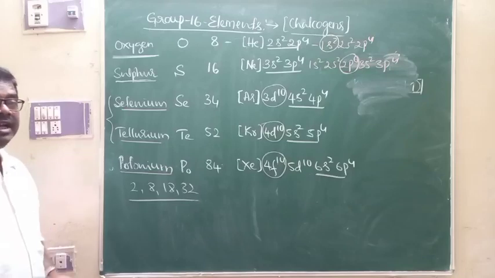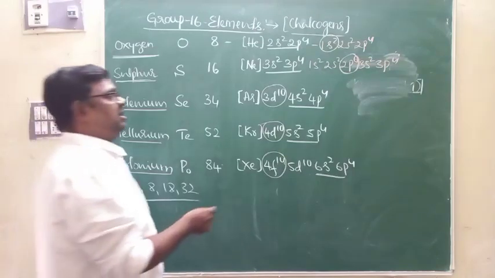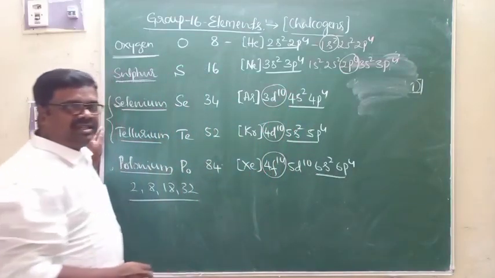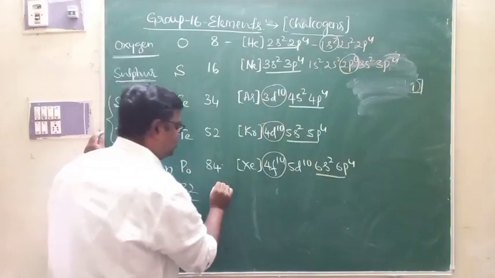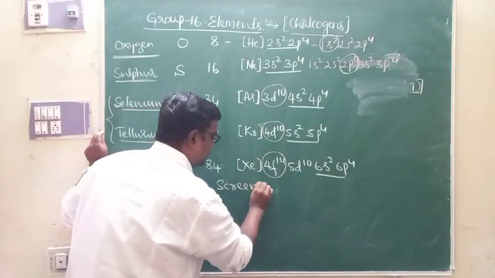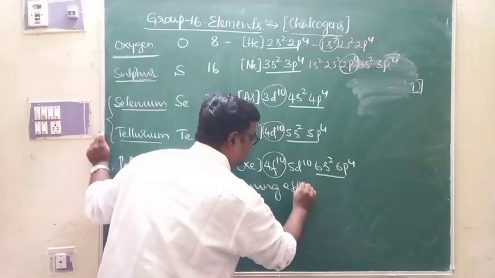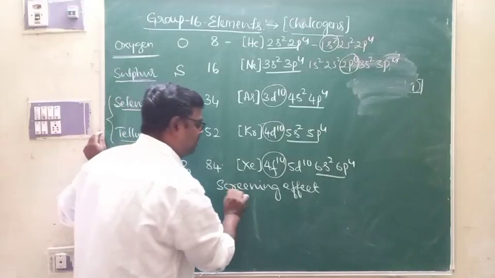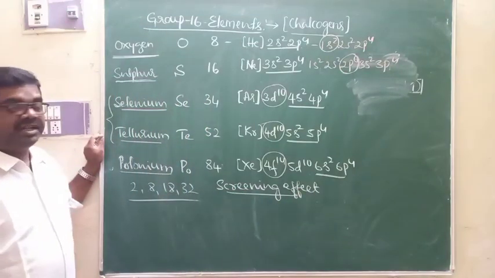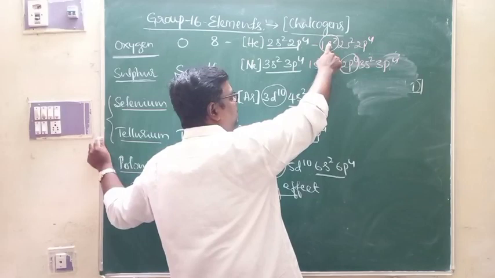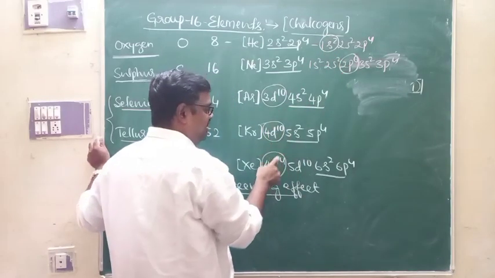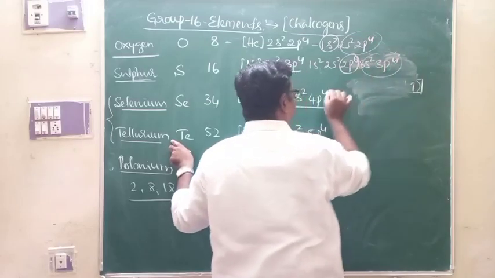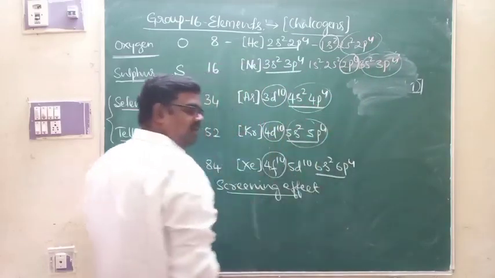Why should I talk about inner electrons? I said already, inner electrons cause one important effect called shielding effect or screening effect. Inner electrons present in each element will cause one important effect called the screening effect. The screening effect is the effect of inner electrons which prevent outermost electrons from the influence of the nucleus.